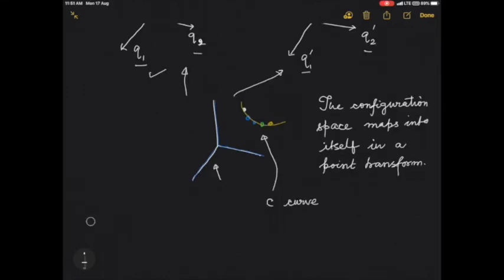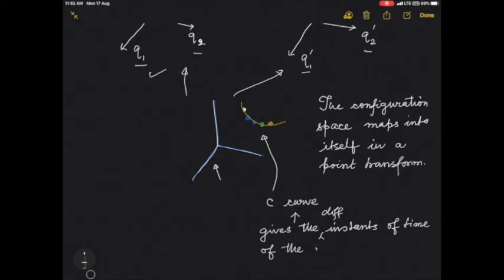So a C curve can give different instances of time of the dynamical system that we have already discussed. The C curve gives different instances of time of the same dynamical system. So point transformation essentially moves the system from one point in time to another point in time.